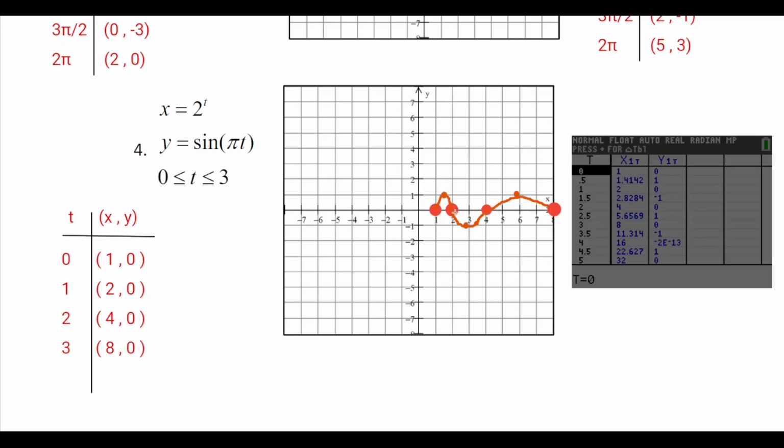Every single iteration of this cycle is going to be more spaced out than the last. The last thing to do here is to throw on these direction arrows to show the direction going from left to right. And there you go. So this is really what number 4 should look like. Let's go back to the video.